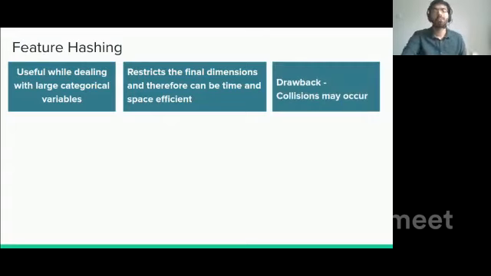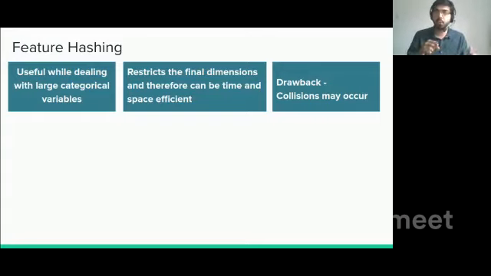One drawback is that collisions may occur. I don't have time to explain collisions here now, but I will say it in simple words. If you understand key value pairs, if you have two different keys and both are assigned the same value, then that's a collision, right?